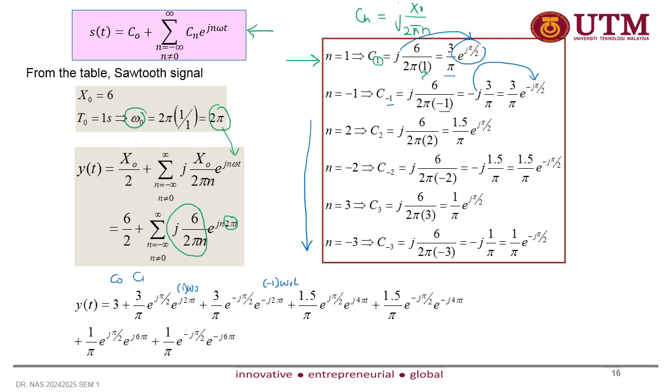And this is for n equal to 2, times 2 pi. This is when n equals -2, times 2 pi. And this one for the third, n equals 3 times 2 pi. And the last one, -3 times 2 pi.